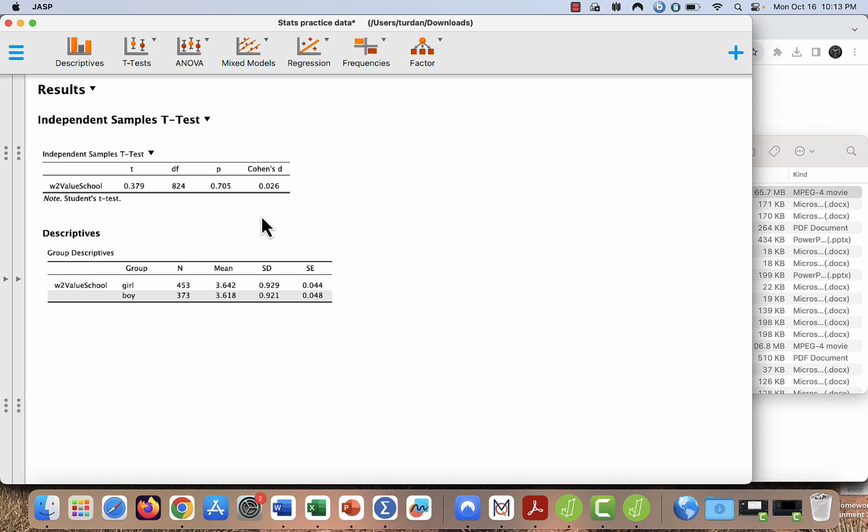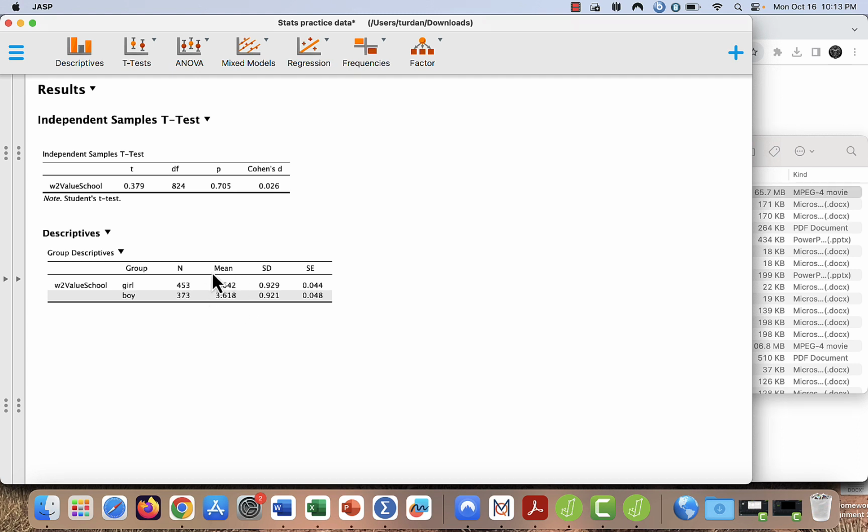So here's what we would say. Our p-value is above 0.05. Therefore, we retain the null hypothesis and conclude there are no differences between the population means of males and females in their valuing of school.